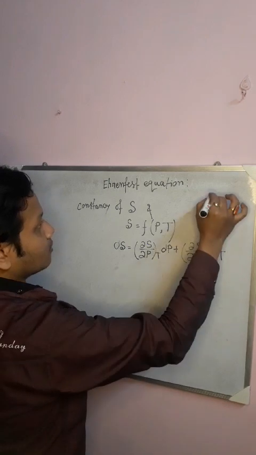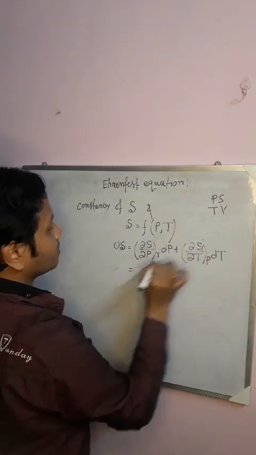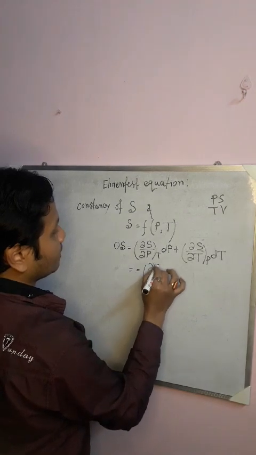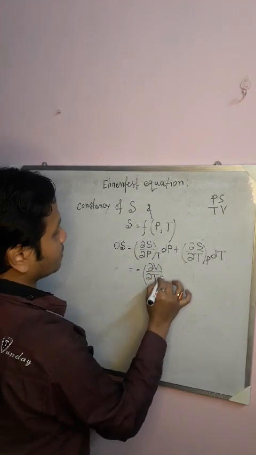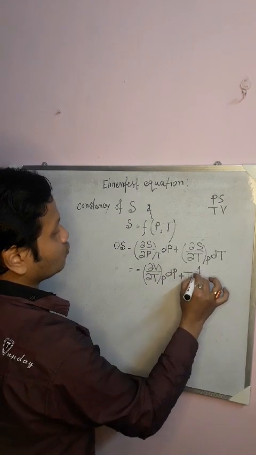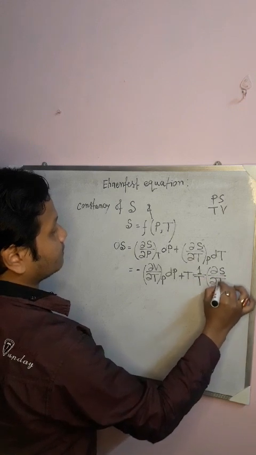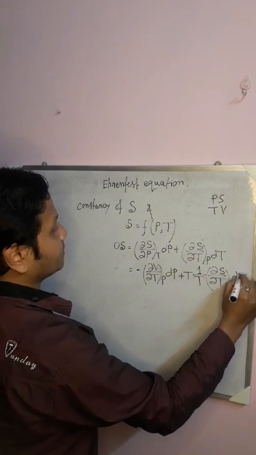Now from Maxwell's relation, (del S del P) at constant temperature means minus (del V del T) at constant pressure. And this we can write as T into 1 by T, (del S del T) at constant pressure dT.